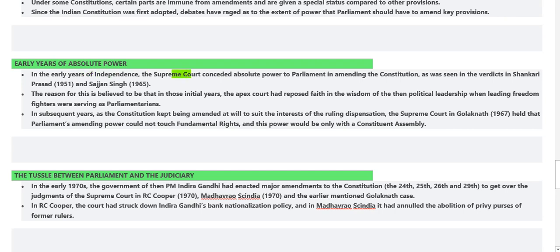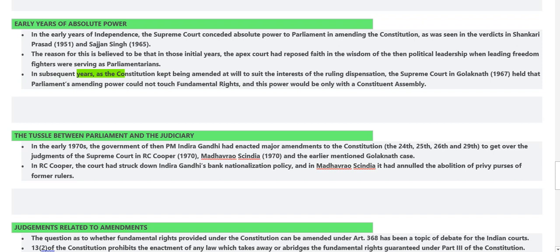In the early years of independence, the Supreme Court conceded absolute power to Parliament in amending the Constitution, as was seen in the verdicts in Shankari Prasad, 1951, and Sajjan Singh, 1965. The reason for this is believed to be that in those initial years, the apex court had reposed faith in the wisdom of the then political leadership when leading freedom fighters were serving as parliamentarians.